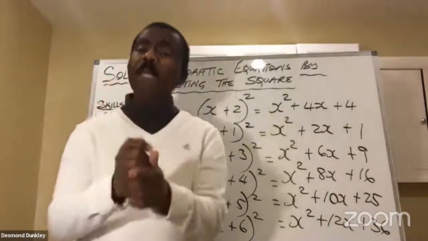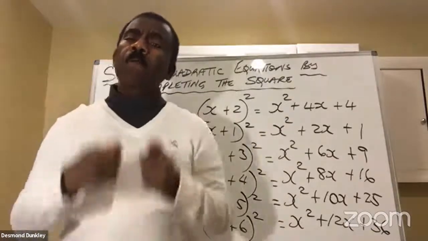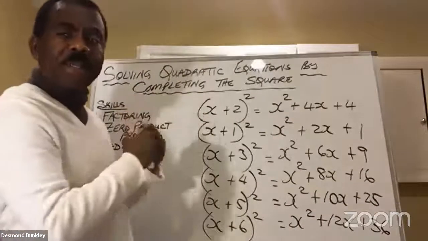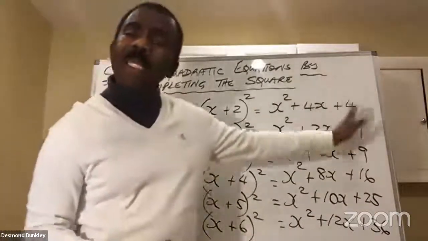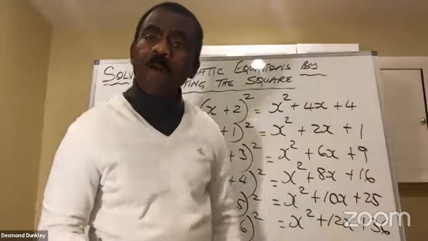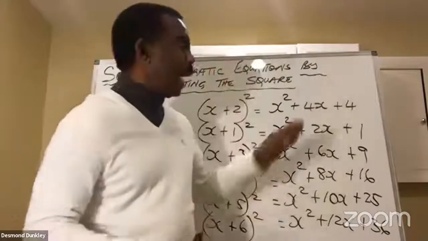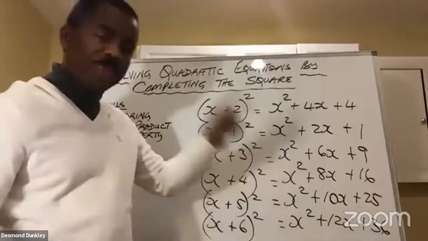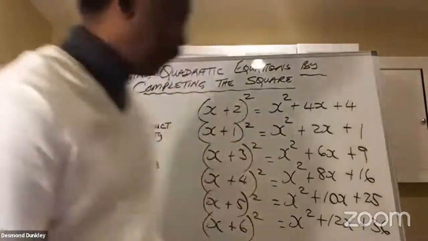That's very important because completing the square requires us to go from the right to the left. It requires us to take an expanded version of a trinomial and create a perfect square. So let's go ahead and try that now.